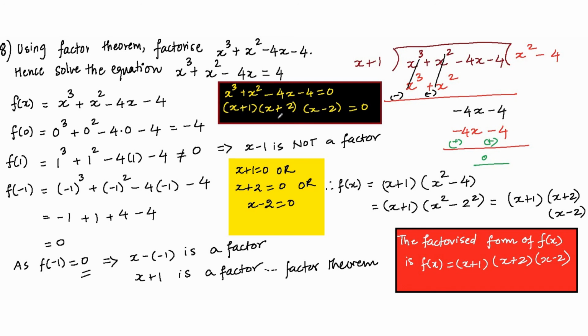Because if product of 3 numbers is 0, one of them has to be a 0, which means x can be either negative 1 because shifting the 1 to the other side, or x can be negative 2, or it can be positive 2. And therefore, the solutions for x are -1, -2, +2. So these are the values of x that satisfy this particular equation.